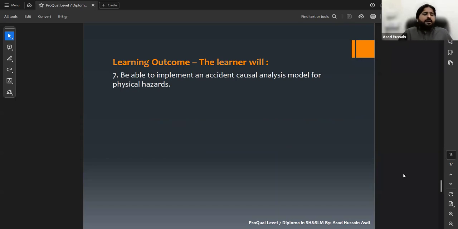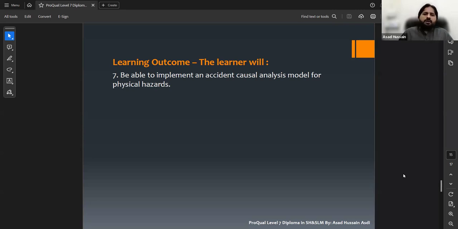And now we have the last learning outcome of this third unit of the ProQual Level 7 Diploma in Strategic Health and Safety Leadership Management. It is the last learning outcome of the third unit, Digital Technologies and Incident Investigation: be able to implement an accident causal analysis model for physical hazards.